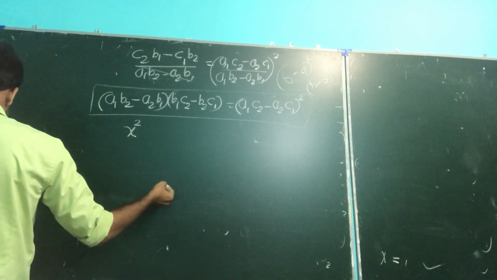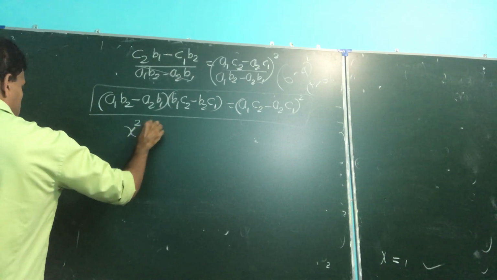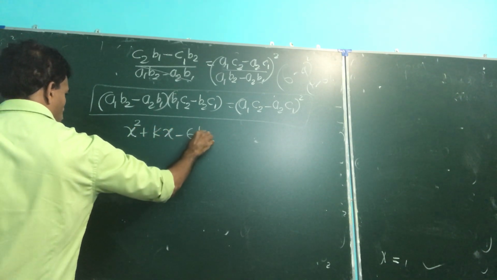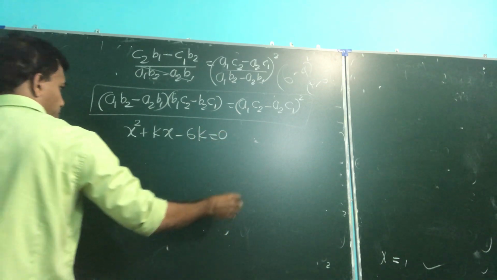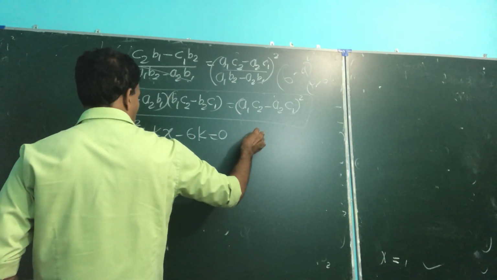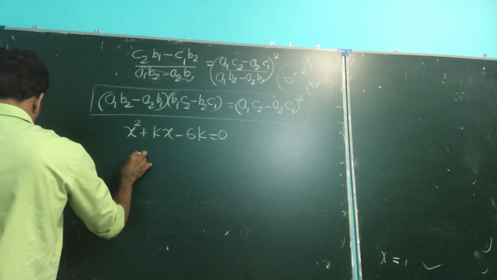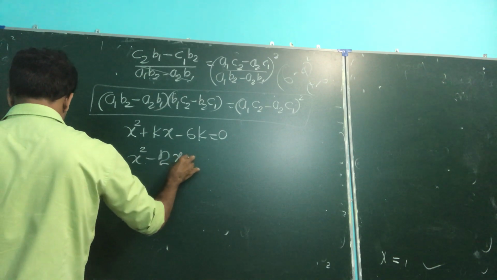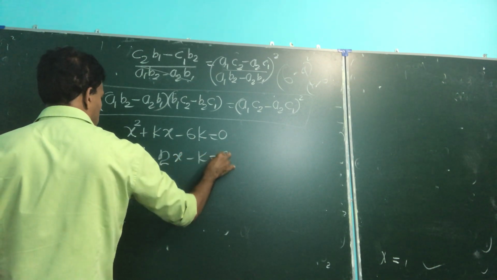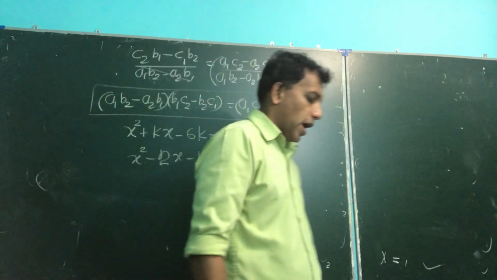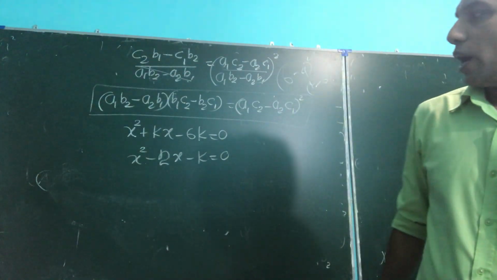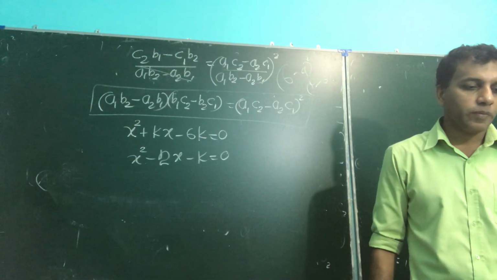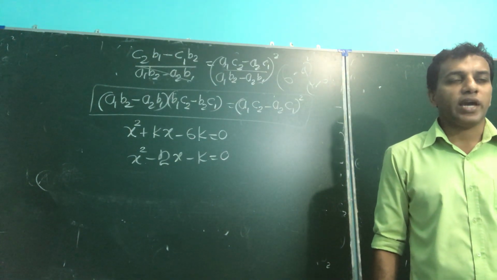x square plus kx minus 6k equal to 0 and x square minus 2x minus k equal to 0 has a common root, find the value of k.